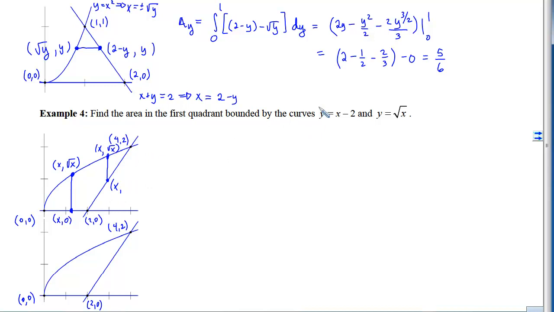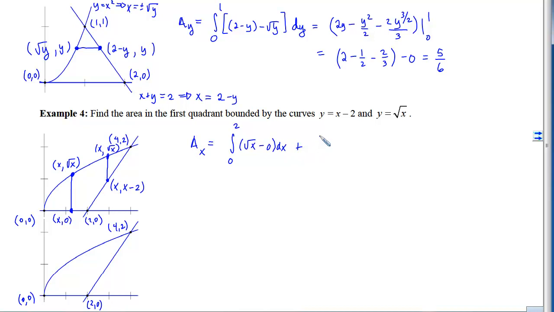Since we're doing everything in terms of x, we need y to be isolated, and it already is. So now we can set up area in terms of x will be the first integral, which is the length of this strip, which is the y coordinate minus the y coordinate times the thickness, and its limits will be as far left, which is 0, and as far right, which is the intersection.